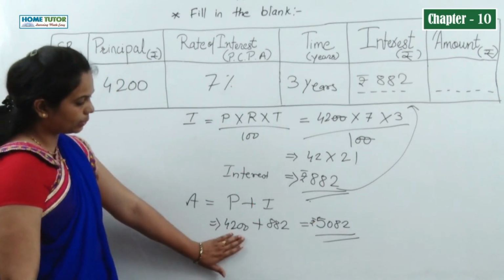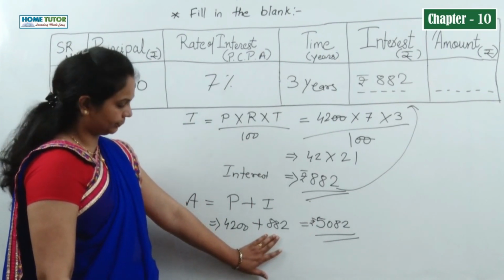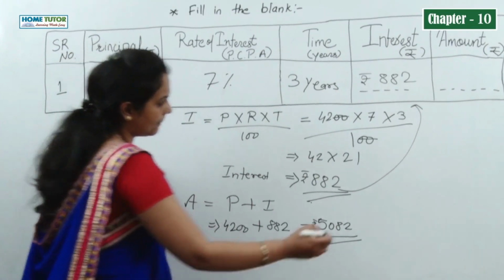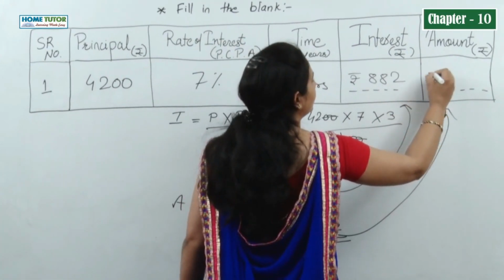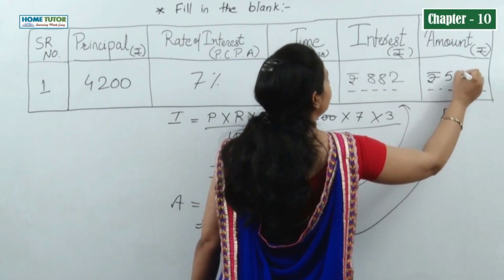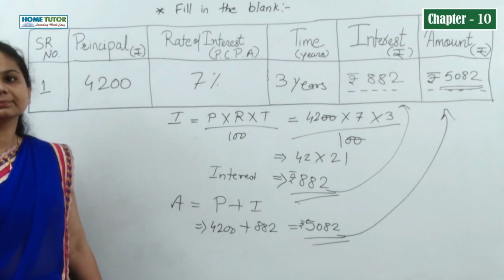Yes, 4200 plus 882. So the amount is rupees 5082 rupees. So this is your answer.